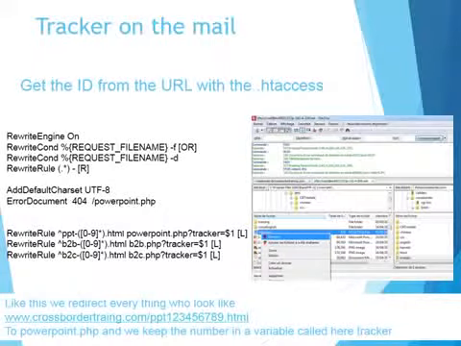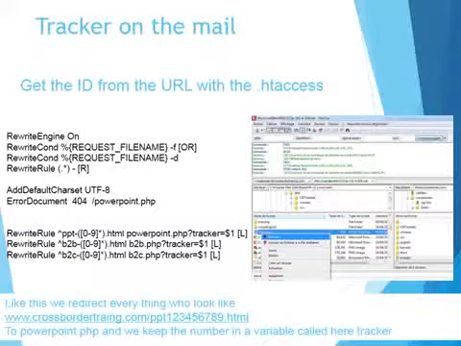I want this to be transferred to the file powerpoint.php?tracker=$1. It means with the value in the first parenthesis, which is between ppt- and .html. If it's not a number, you can just do parenthesis dot star, and it will take everything. But here it's a number, so this is the value for numbers.